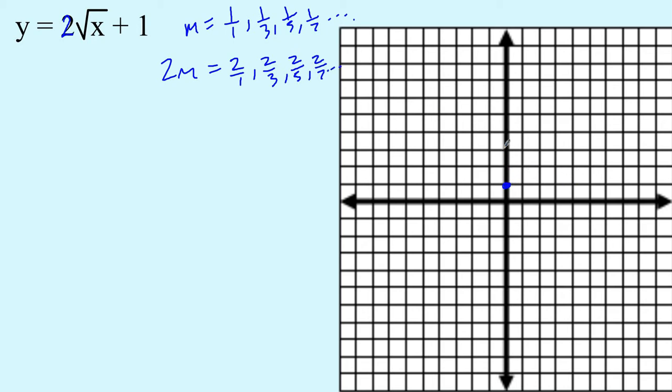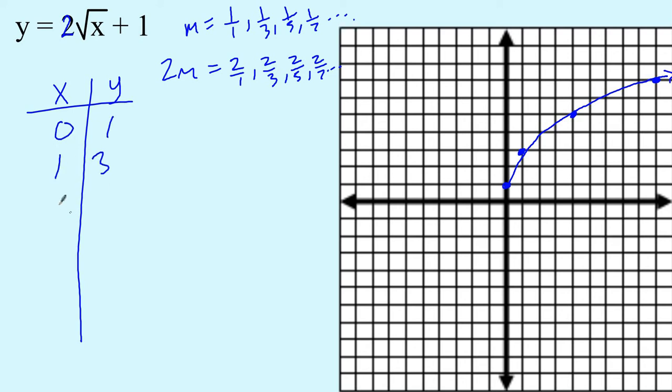So the slope would mean the next point is here, the next point is here, and then here. So your graph should look like this. If you did a table, your table would have the following values. So 1, 3, let's see, 4, 5, and 9, 7.